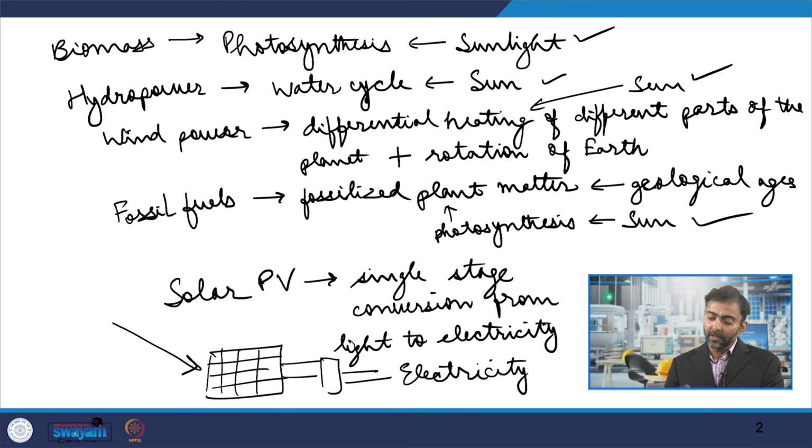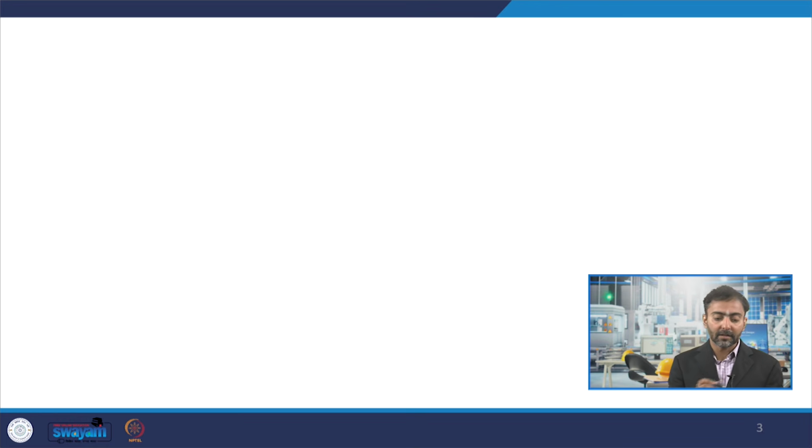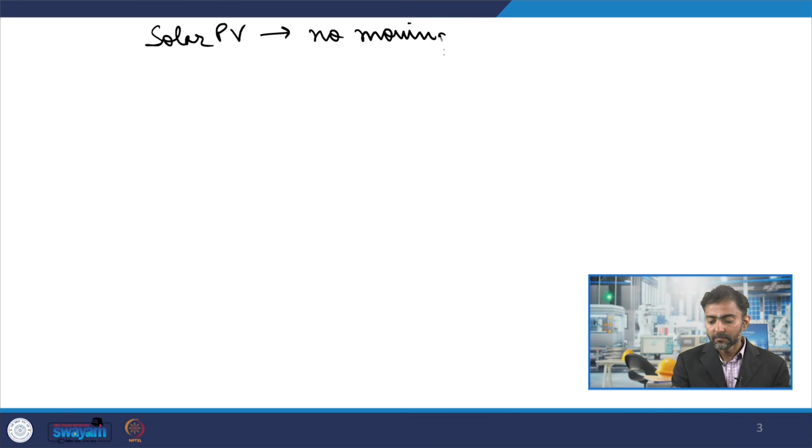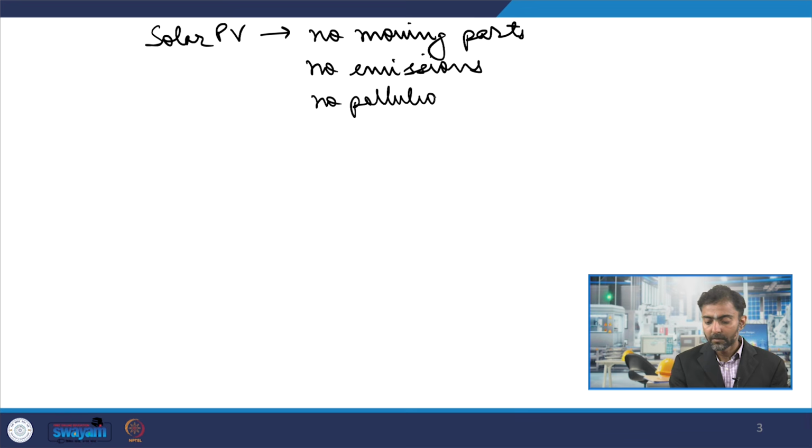If you look at all of these other sources, there are several stages involved, there are several moving parts. At some places there is pollution involved, there are some places there are emissions involved, but solar PV has this very beautiful and special thing, that if you consider the case of solar PV, there are no moving parts, no emissions during the operation, there is no pollution, and there is no noise.